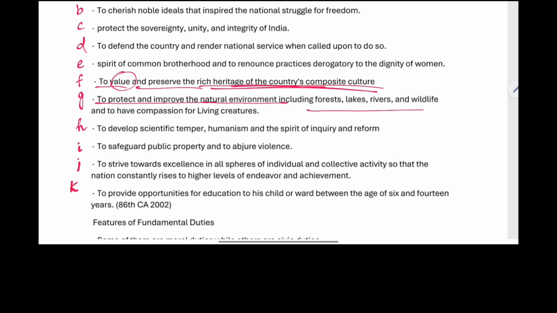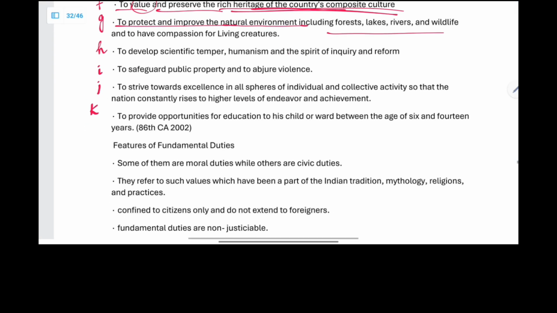Then scientific temper. When we are having temper, interest, right? But when we are short tempered, we go for destruction of the public property. To develop the scientific temper, humanism and a spirit of inquiry and reformist spirit inspired from Raja Ram Mohan Roy, who had a reformist spirit.